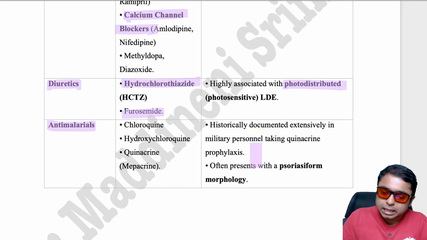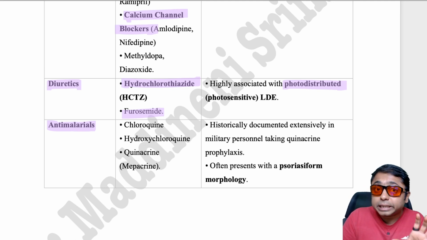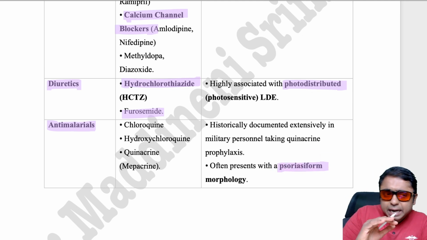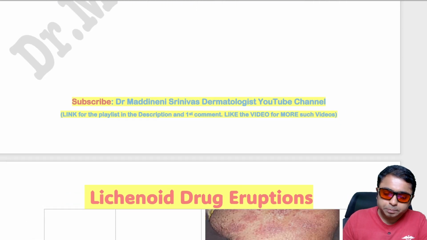Antimalarials, you all know what the antimalarials are, and the classical point to remember is that with antimalarials producing lichenoid drug eruptions, the lesions clinically are more of psoriasiform morphology, that is they have scaling present over the lesions. Very important point to remember.